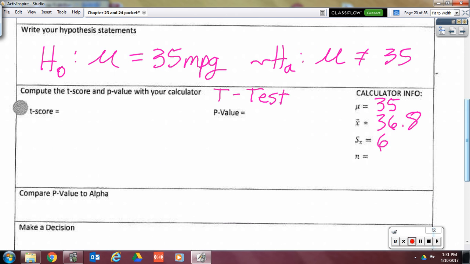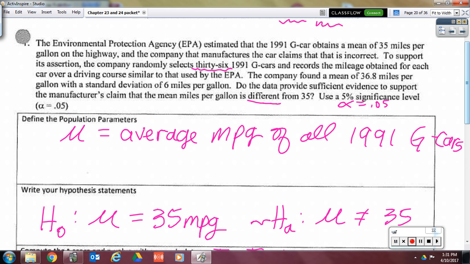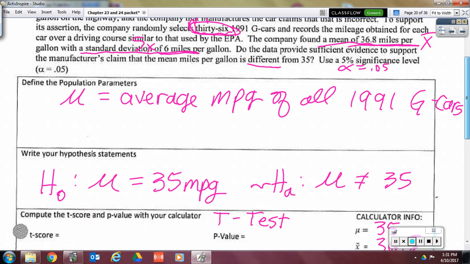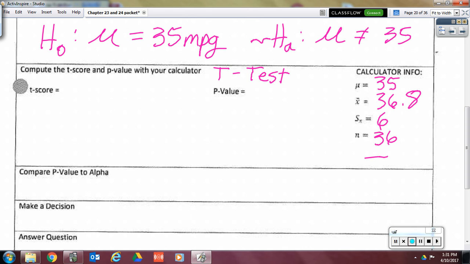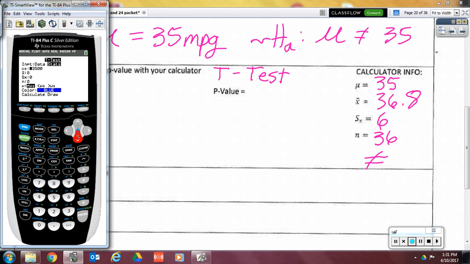How many cars did they do this on? 36. So this is n, and this is the standard deviation, this is the sample mean. That was our x bar, that was our Sx, and this is our n. Then we're going to use the tail of not equal to, and let's go ahead and type in those things here.